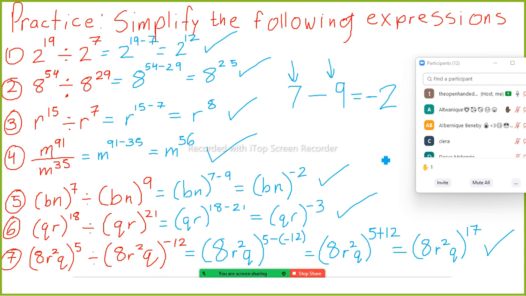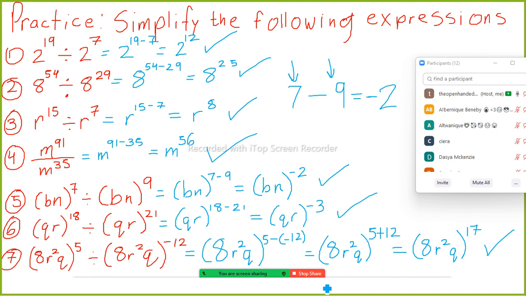Excellent. So that's rule number 3 and 4. The rule number 3 says what? It's the product rule. If the bases are the same when we're multiplying, we know that we have to add the powers. If the bases are the same when we're dividing, then we know that we have to subtract the powers. So that's the product rule, and that is the quotient rule.